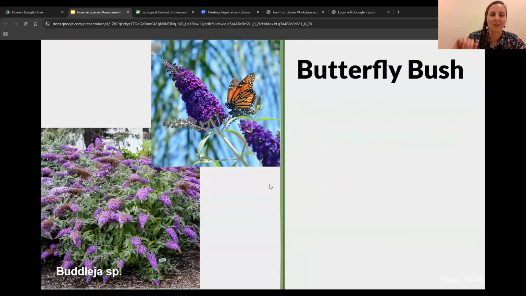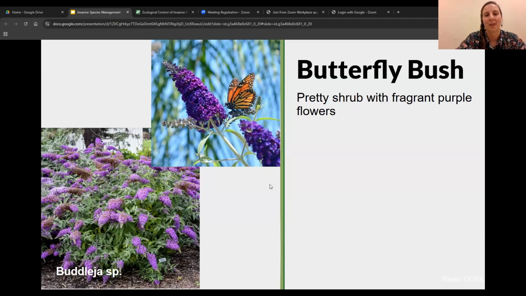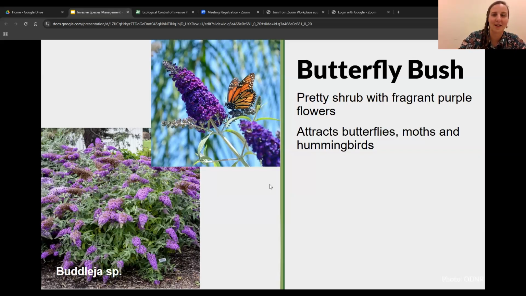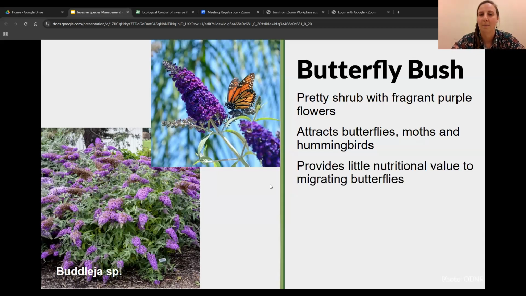We've got butterfly bush here. We see this all the time in people's pollinator gardens. It's a pretty shrub. It's got fragrant purple flowers. It attracts butterflies, moths, hummingbirds, right? We have butterflies all over this beautiful shrub. It doesn't have a lot of nutritional value for migrating butterflies.